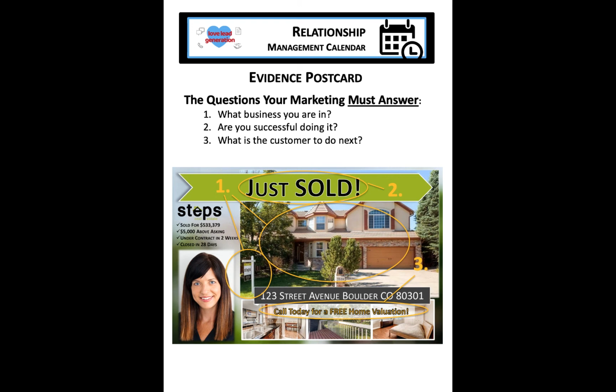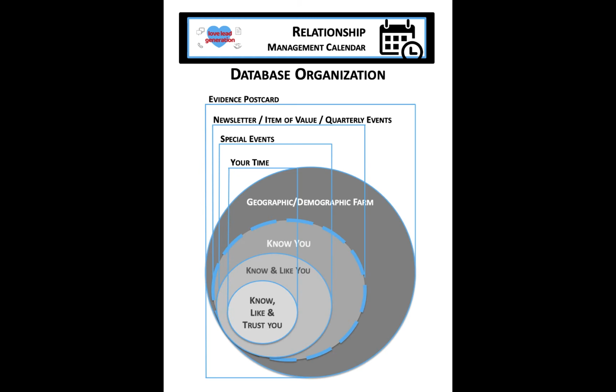So this message has to be clear and concise every time they see it. The same is true for any of your internet marketing, newspaper, TV, radio, any marketing you do. The same rules apply.